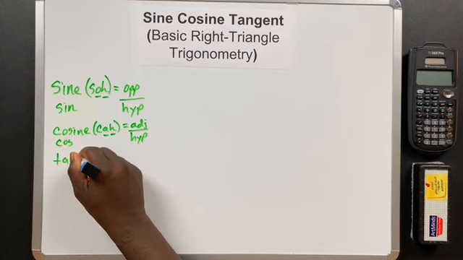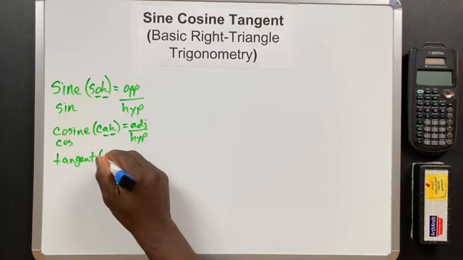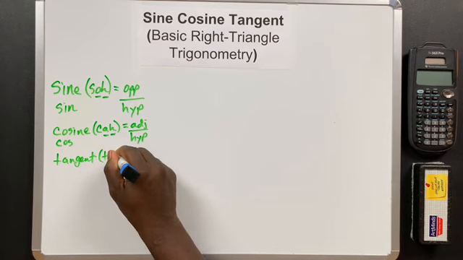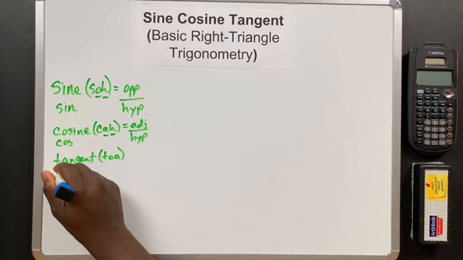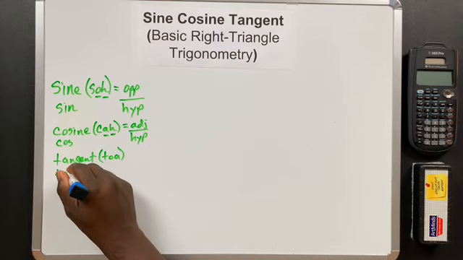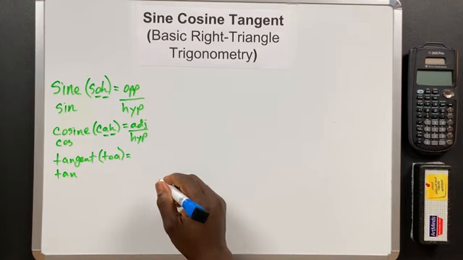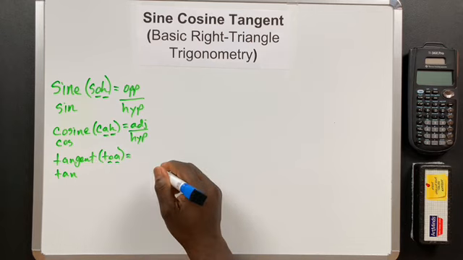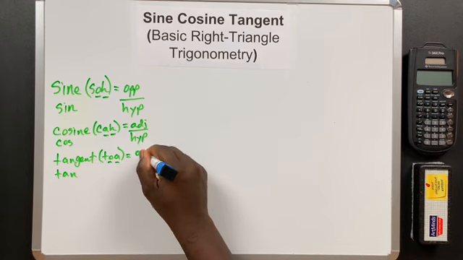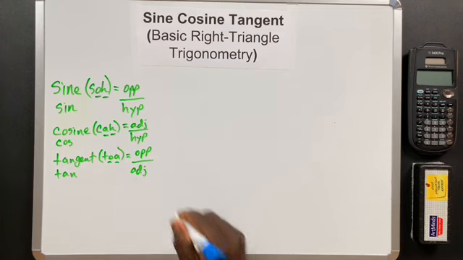And then we'll go to tangent, abbreviated Toa, which is the strategy we're going to use, and that's also written as tan. So the trigonometric ratio for this is opposite over adjacent.